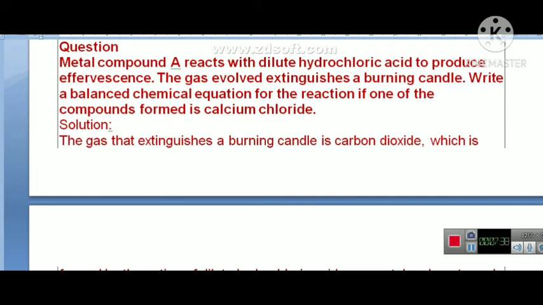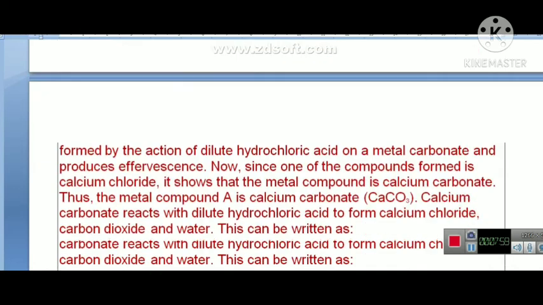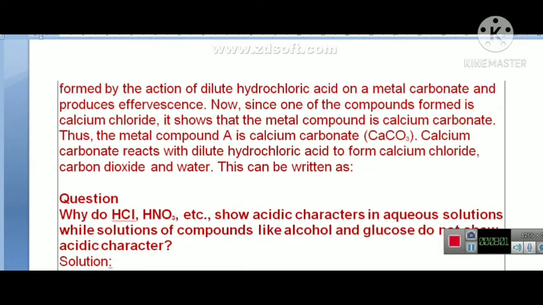Here you already know that when any acid reacts with a metal hydrogen carbonate, it shows a decarboxylation reaction, meaning carbon dioxide gets released. Here they have told that one of the compounds formed during this reaction is calcium chloride.